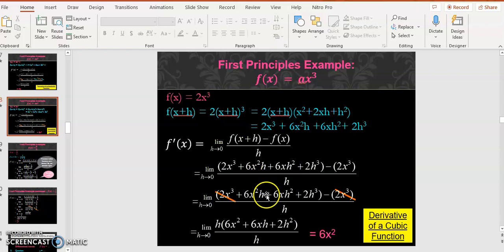And we managed to get 6x squared. Yeah, I did explain this one in the other video. So if you've not watched it, watch the first two. Yeah, this is series 4. I've already done 3 videos.